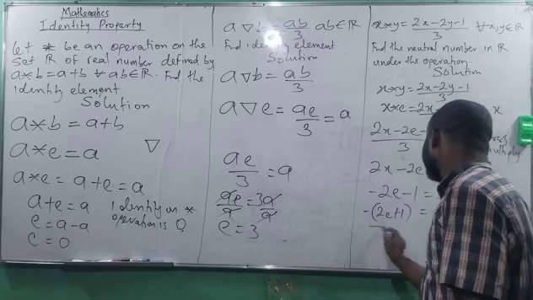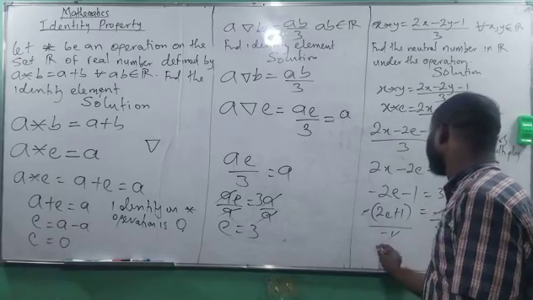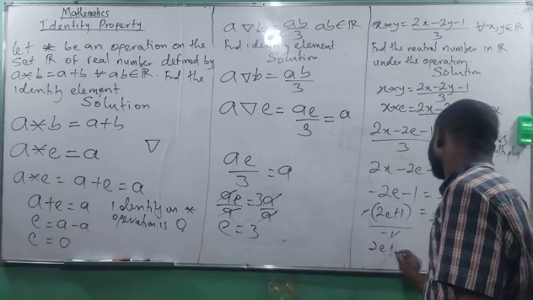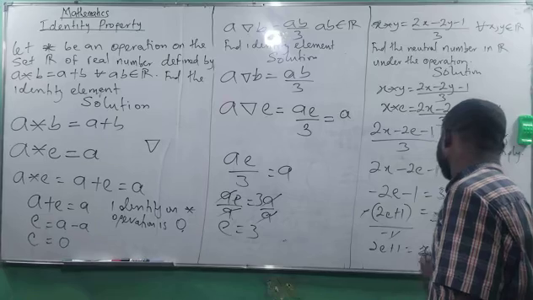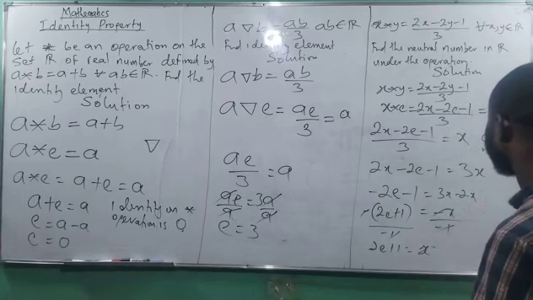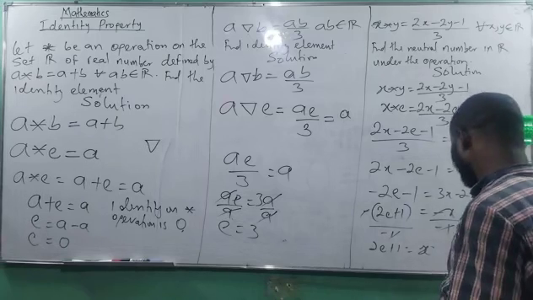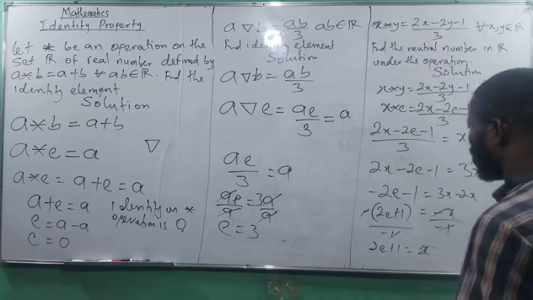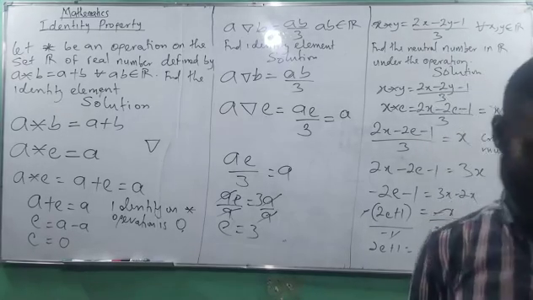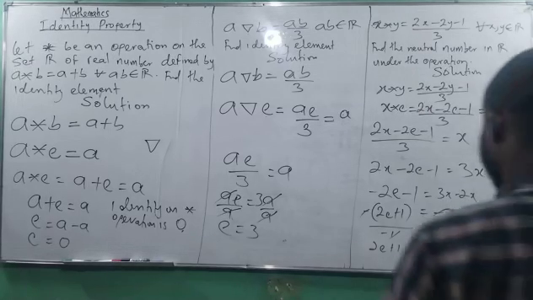Divide both sides by minus. This we cancelled, this we cancelled. 2E plus 1 equals X. Okay, I hope I'm not making any mistake. I hope the question is correct, because I have to ask myself some questions. Okay, sorry, the question is wrong somewhere.